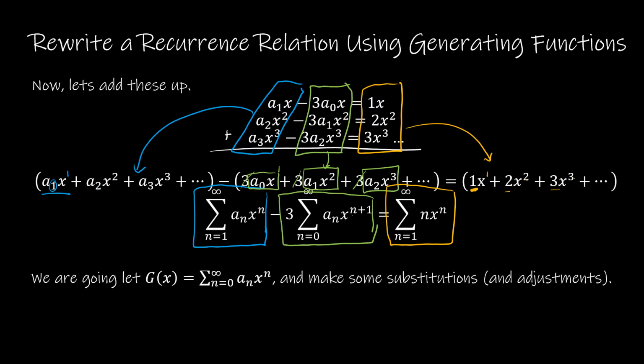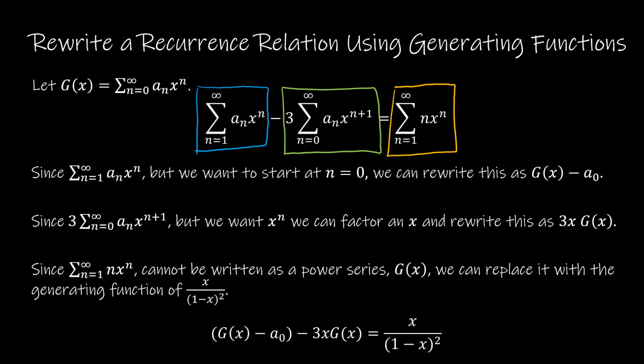Now, what we want to do from here is let g of x be the power series, the summation as n goes from 0 to infinity of a sub n x to the n. As much as we are able, we now want to replace each of the 3 summations that I have using the power series, if we can.